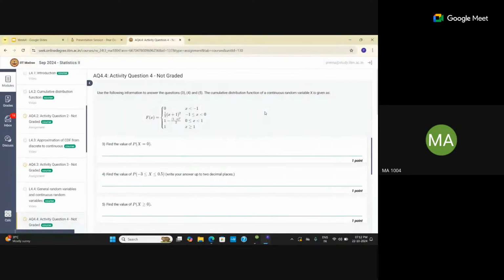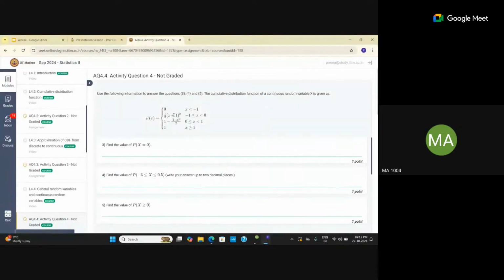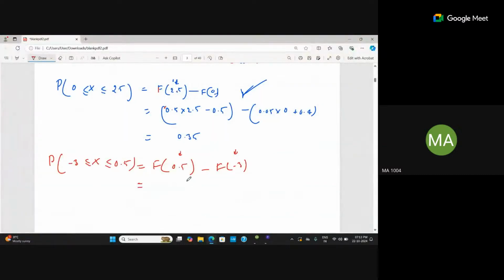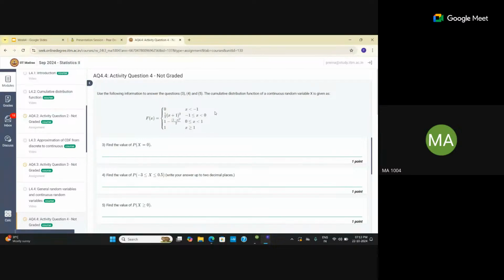The points are 0.5 and -3. See, -3 is less than -1, so for -3 the CDF will be 0.